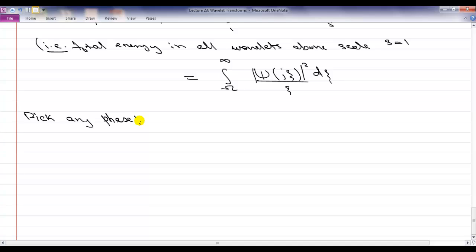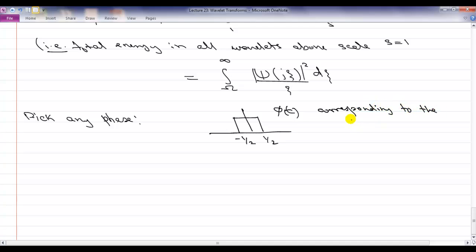So for example, for the Haar wavelet, the scaling function is just a constant. The scaling function for a Haar wavelet is just minus 1/2 to 1/2. Okay.